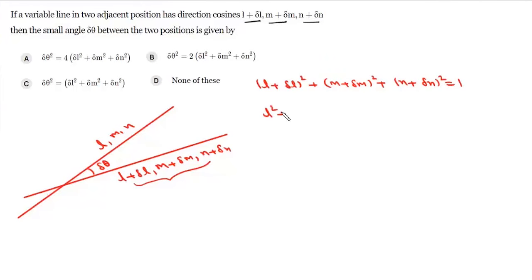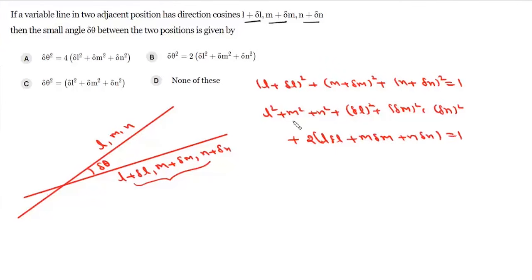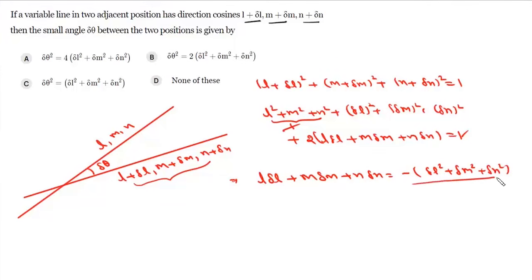Now we'll get this as l² + m² + n² + δl² + δm² + δn² + 2(lδl + mδm + nδn), and it must be equal to 1. Now l² + m² + n² is 1. So this 1 and 1 will cancel. So from here we can write lδl + mδm + nδn will be equal to −(δl² + δm² + δn²)/2.